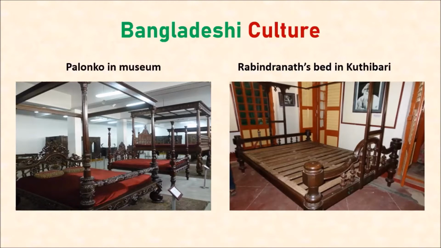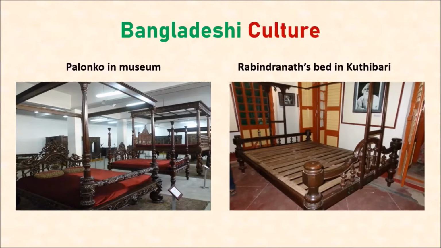And on the right side you can see Rabindranath's bed in Kutibari. Kutibari is in Kustia, so if you go to Kustia, please visit Rabindranath Thakur's Kutibari and you can see many things which Rabindranath Thakur used to have during that time. And this bed is one of those.